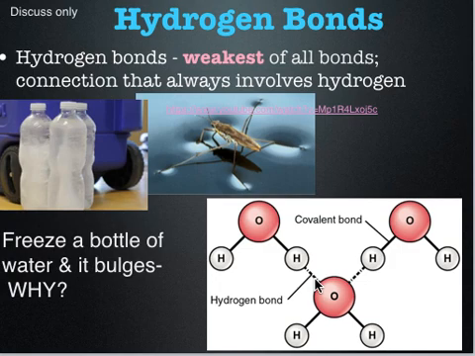But we all know that it doesn't work that way. You get a thin layer of ice across the top of the pond. That's because ice is less dense than water. These hydrogen bonds elongate and cause that to happen. We'll do a demo in class on that too, to help you see that, especially if you've never frozen a bottle of water before.